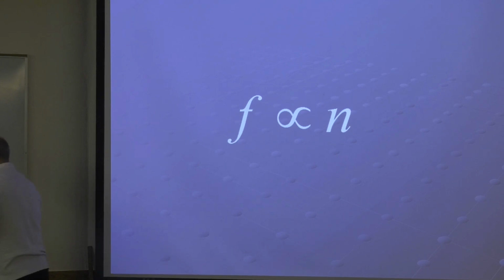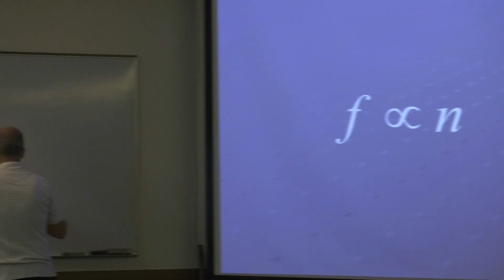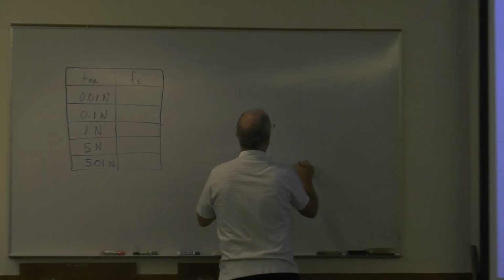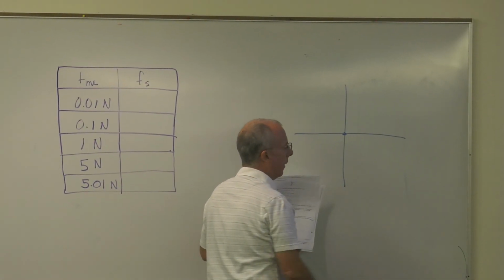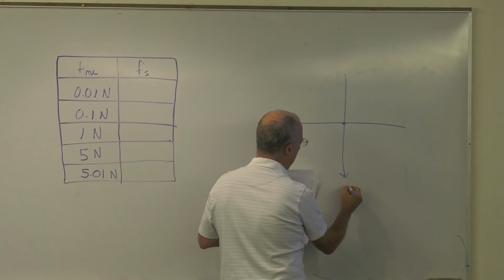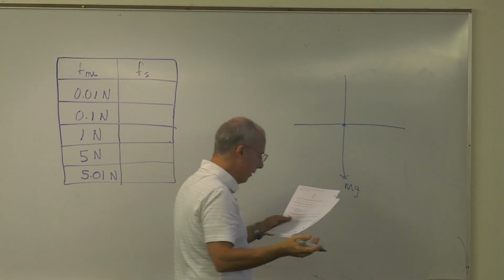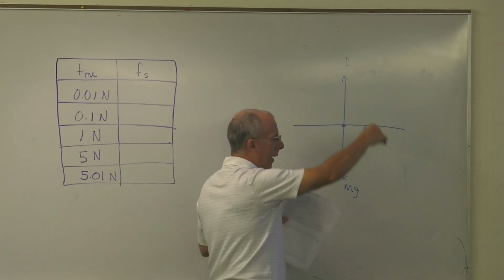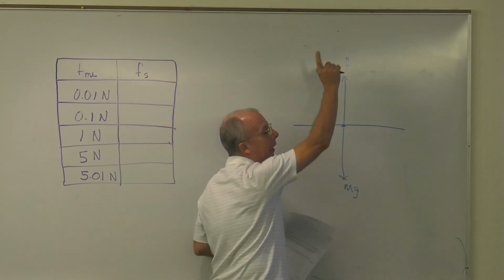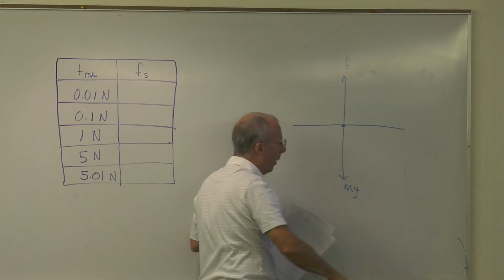Let's draw the force diagram. Okay, so here's the eraser. The forces acting on it: weight, right? And here, this is friction. Weight is this way, so friction has to be that way, because if there were no friction, it would fall this way.